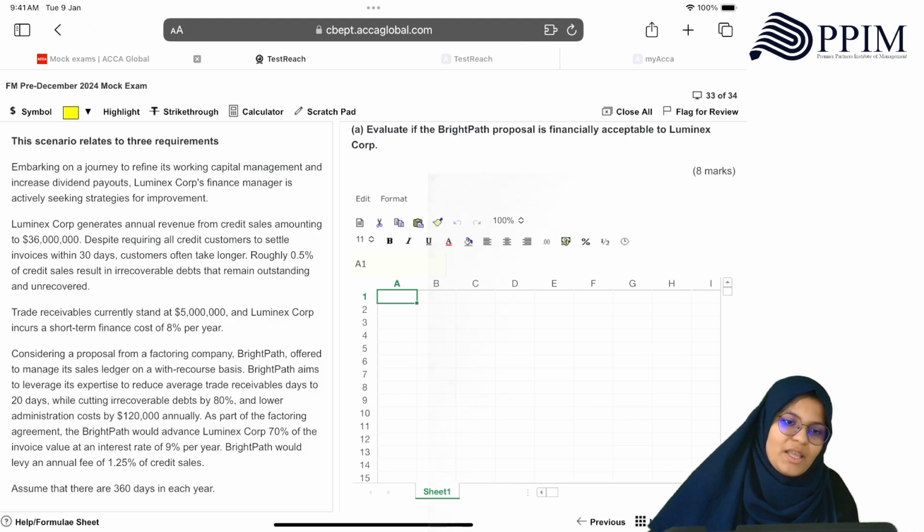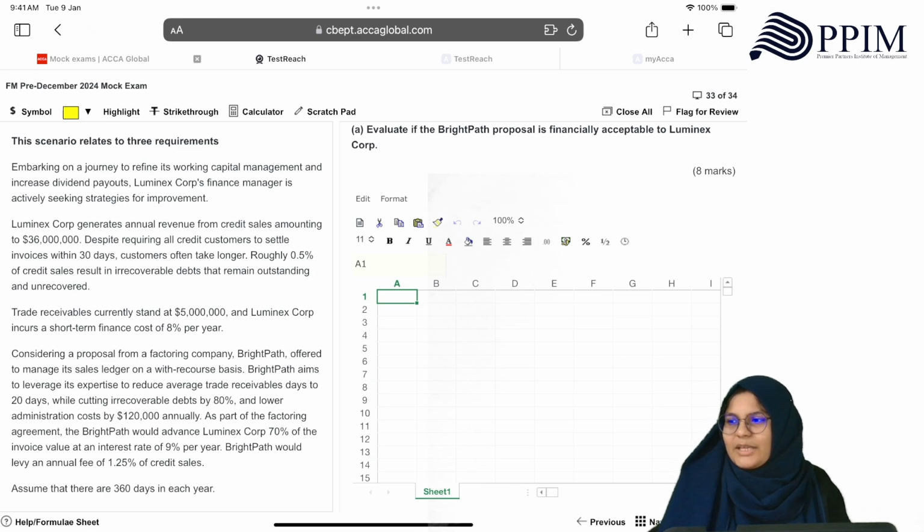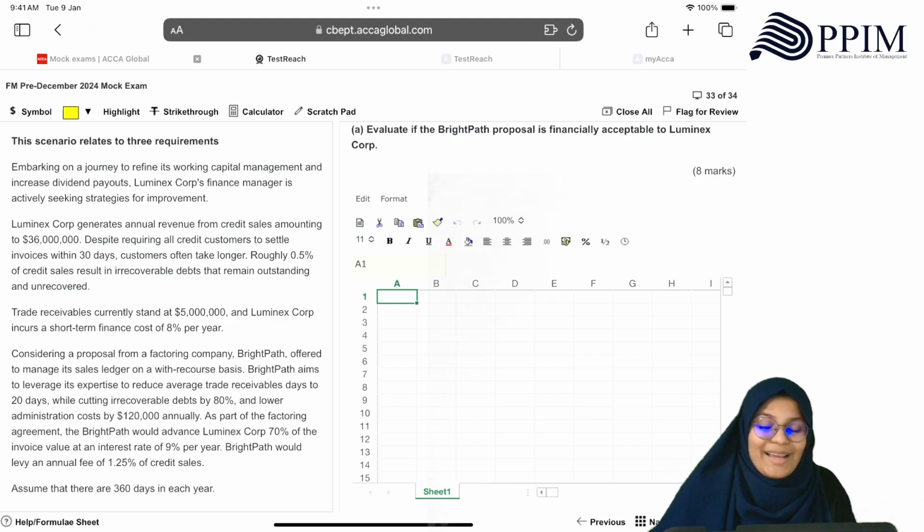Considering a proposal from a factoring company. So the problem seems to be the fact that we are not getting the money quickly, right? So factoring company Bright Path offered to manage its sales ledger on a with recourse basis. Bright Path aims to leverage its expertise to reduce average trade receivable days to 20 days while cutting irrecoverable debts by 80%.